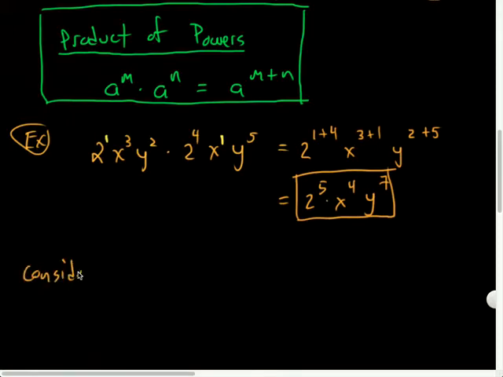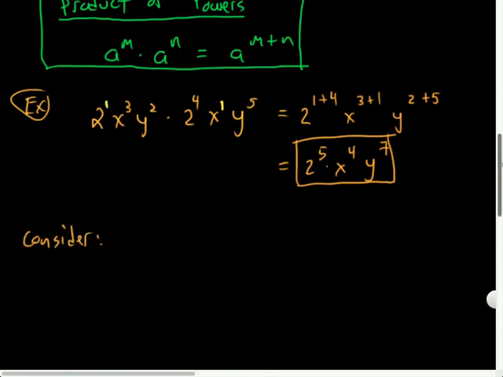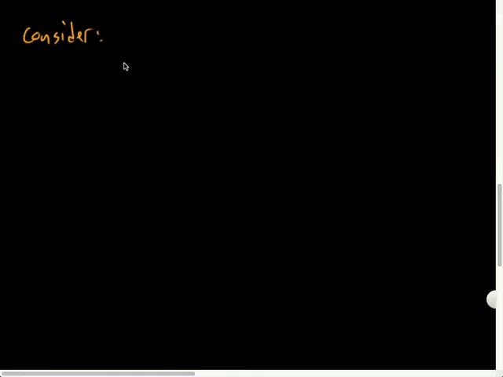What if I wanted to figure out what is 2 to the 3rd squared? Well, let's see. What does 2 to the 3rd mean? 2 times 2 times 2, right? And what does squaring something mean?